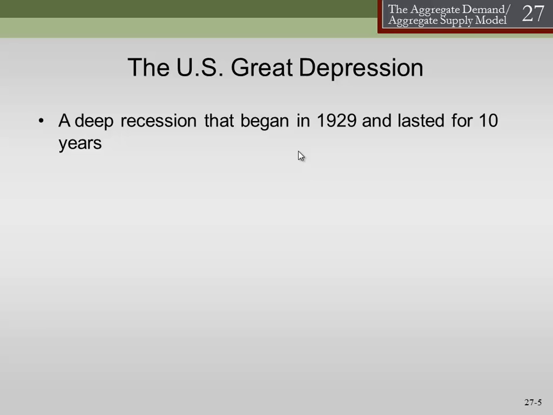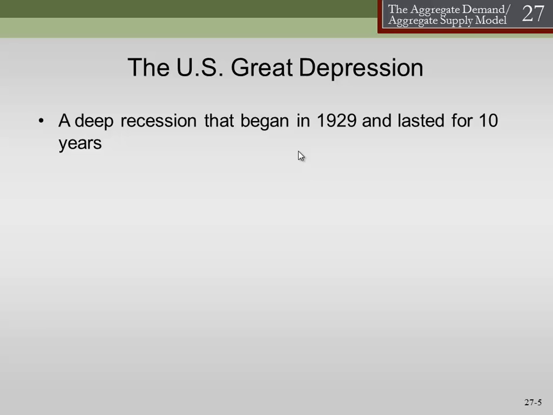There was nothing all that special about it. There were some issues in housing markets, some issues in other financial markets, and it was a recession really sparked by problems within the financial markets, the financial side of the economy. That's very similar to the latest recession that we had that began in late 2007, into 2008.